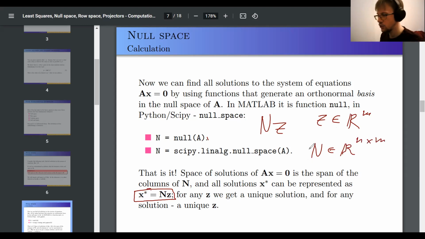So you have this vector that lies in the solution space, if you want, a coordinate in the solution space. You can call it that way, and you can get any solution as this expression. And for any solution of this original equation, you can find its coordinate z in the solution space.